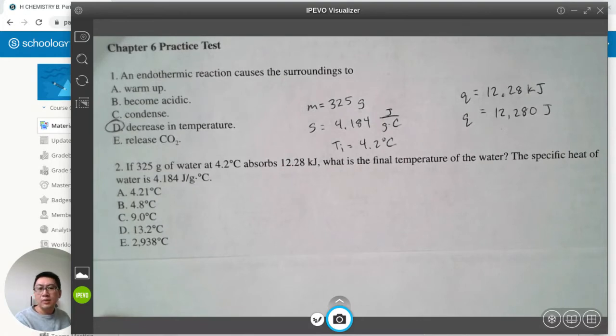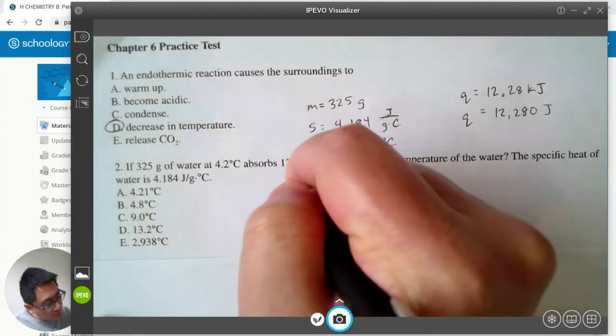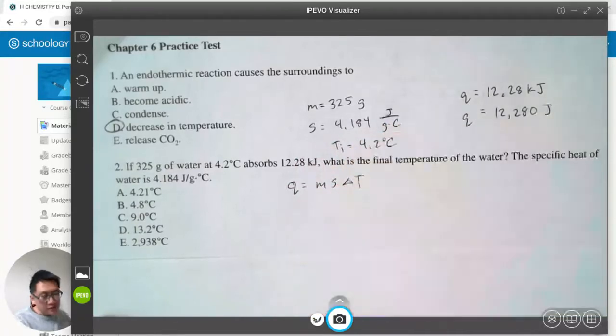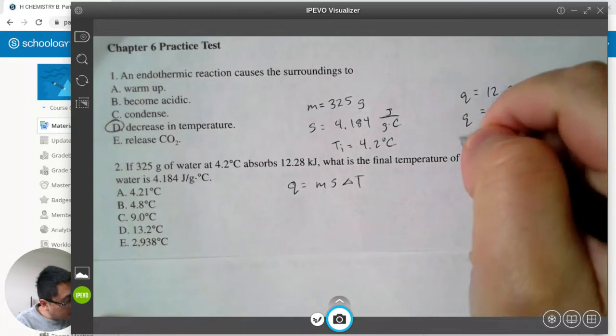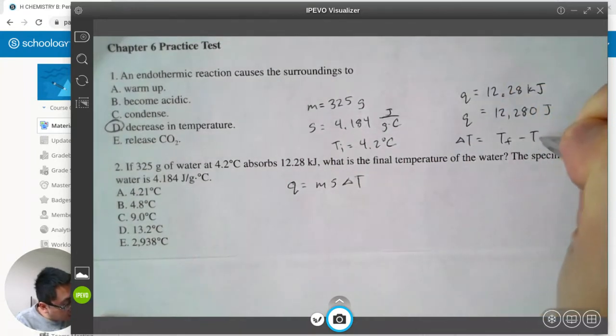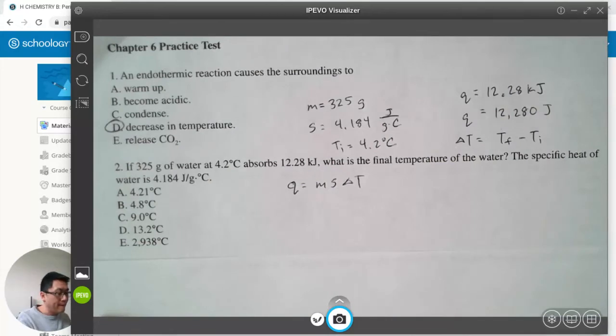We're trying to find a final temperature. What's the equation here? The equation we're going to use is Q equals m c delta T, the specific heat equation.